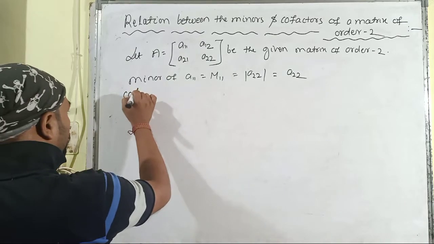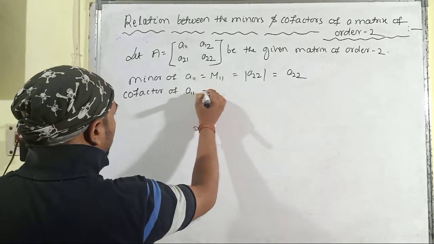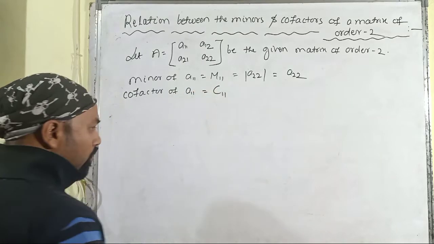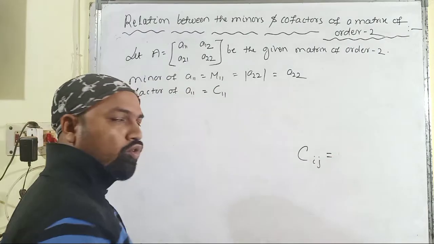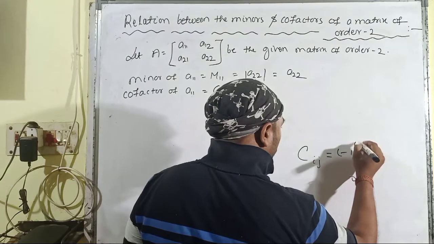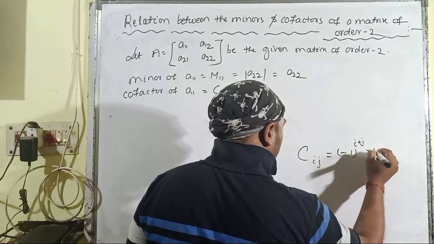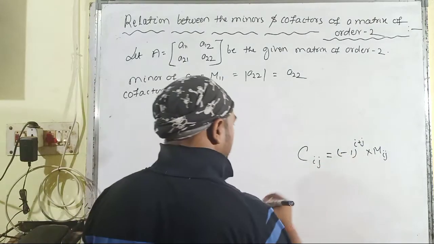Then let us find out the cofactor of A11, which is given by C11, and the formula to determine the cofactor of any element is minus 1 to the power i plus j multiplied with Mij, that means the minor of the element Aij.